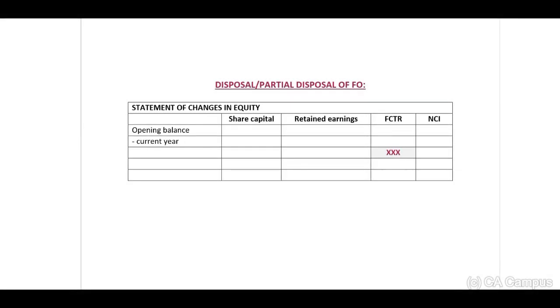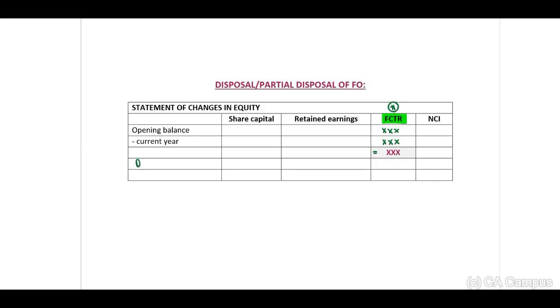Remember, when we recognize an FCTR account, that FCTR account shall be included in your statement of changes in equity, and you need to add an additional column. Now, our FCTR account will have an opening balance and there might be a current year amount recognized, and this will result in our closing balance.